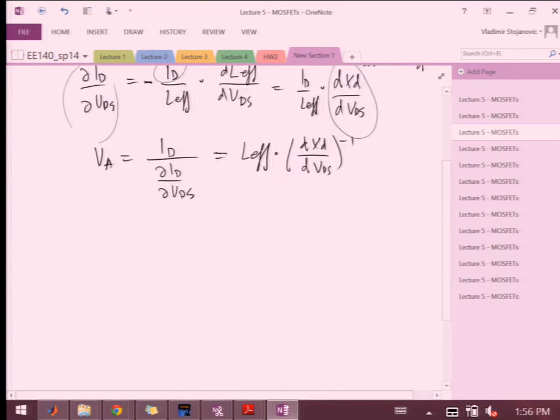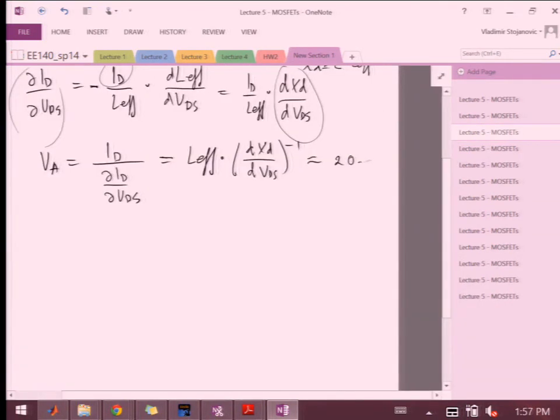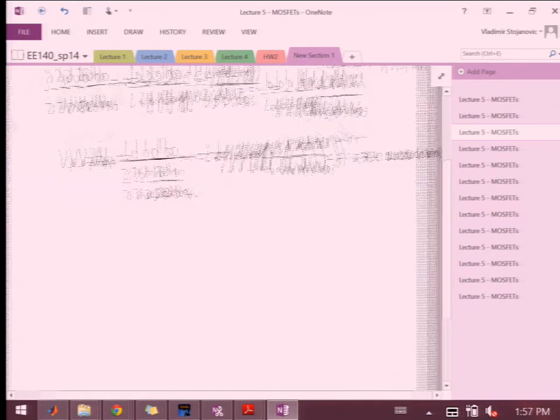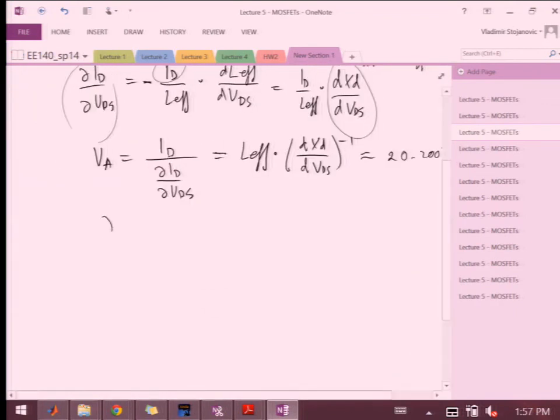If you look at normal FETs, these values are somewhere between 20 and 200 volts, roughly. This is the same as the early voltage, and we can again define lambda as 1 over VA. That gives us the slope with which ID changes, very similar to what was happening in the collector on the bipolar side.